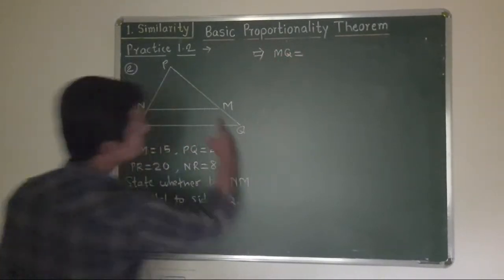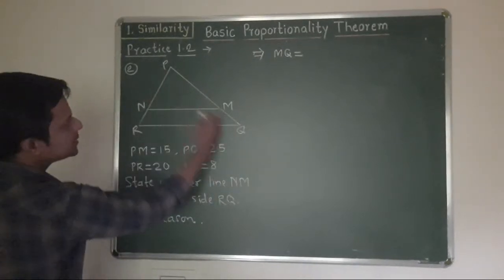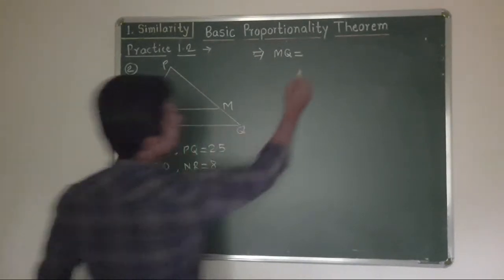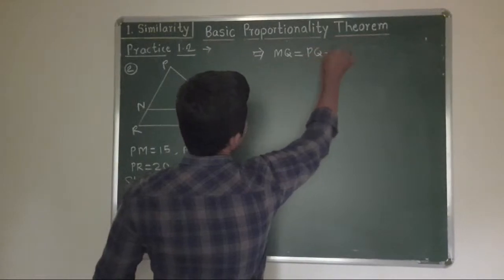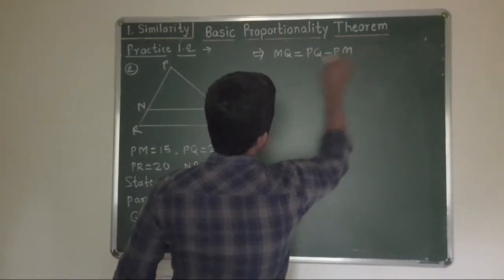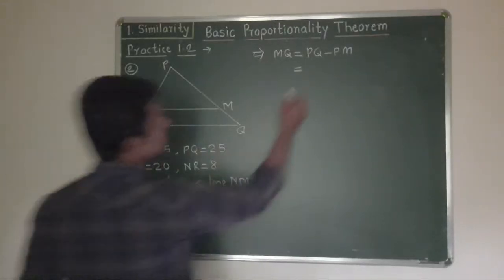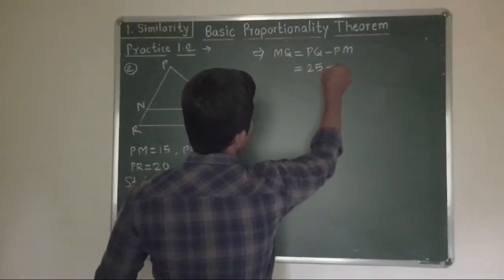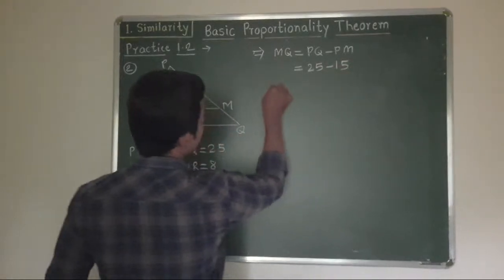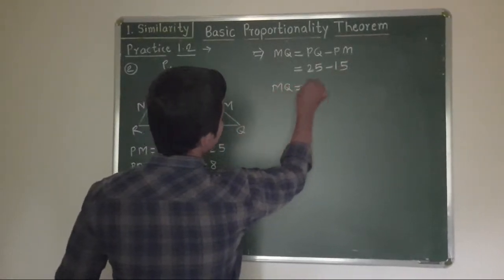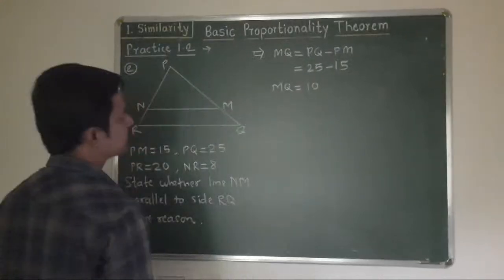MQ is equal to PQ minus PM. PQ is given as 25, PM is 15, that is 25 minus 15, therefore MQ is 10.